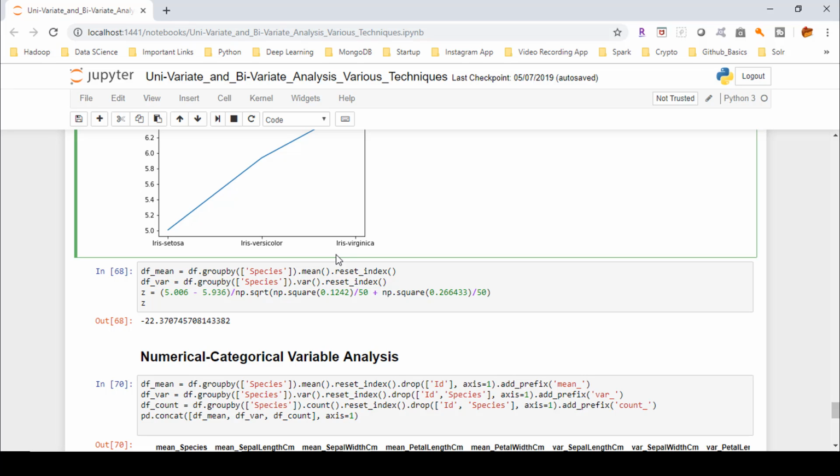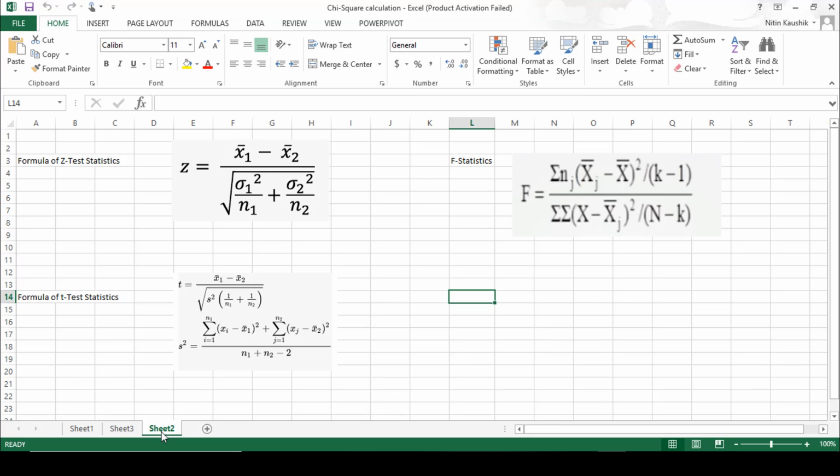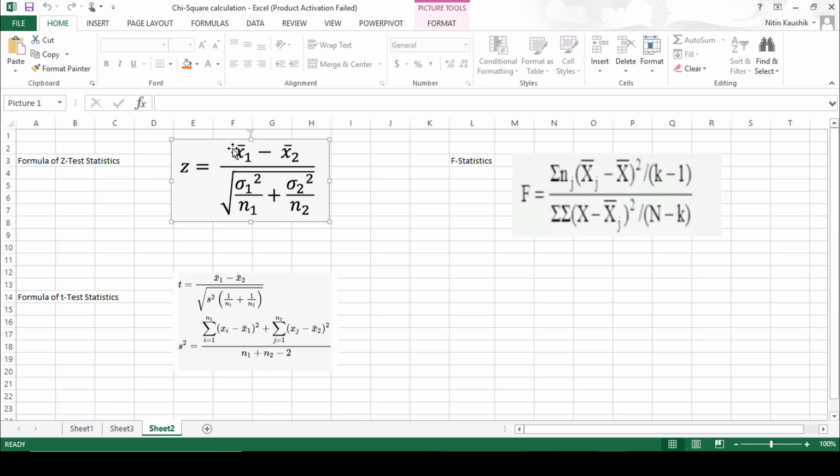We calculate the z statistic by using one formula. Here I can show you: this formula is for the z statistic, and below is for the t statistic. So z equals x1 bar minus x2 bar divided by the square root of sigma 1 squared divided by n1 plus sigma 2 squared divided by n2.